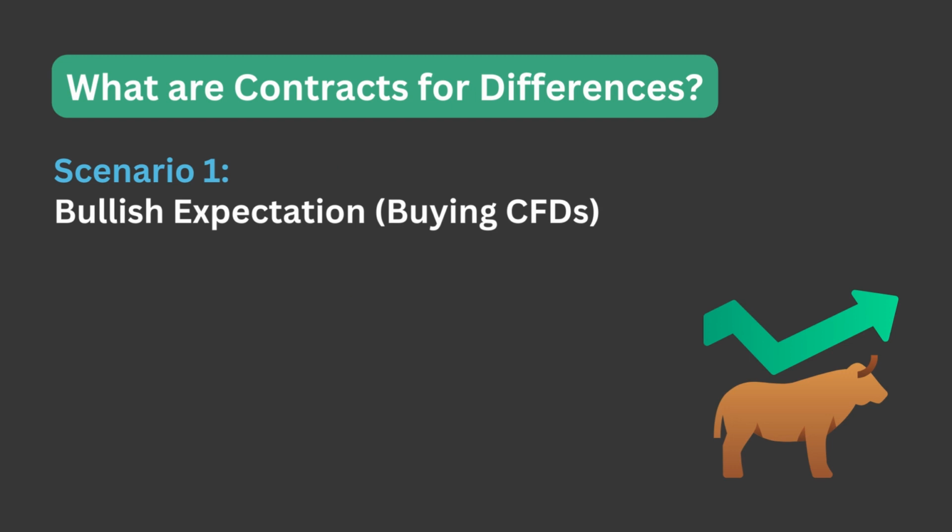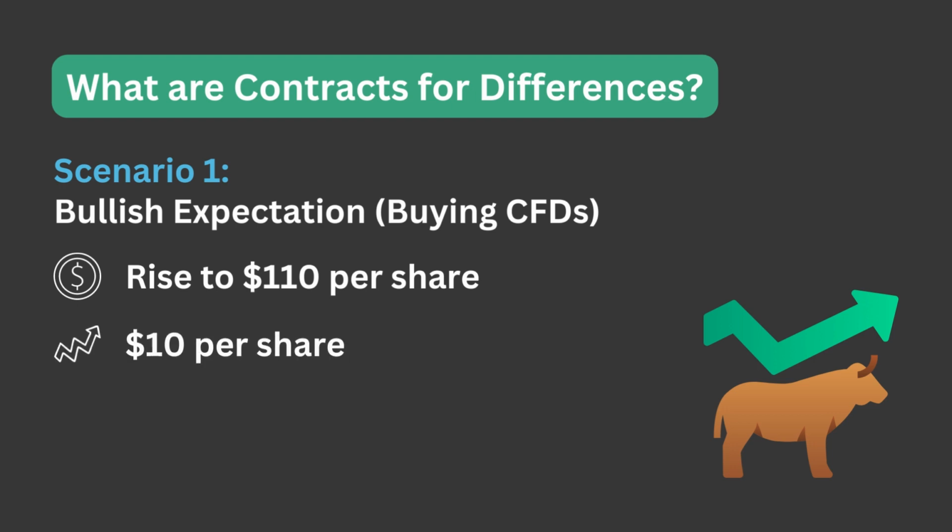Scenario 1, bullish expectation. You believe that the price of company XYZ will increase in the near future. Based on your analysis, you decide to go long on company XYZ CFDs. Suppose the price of company XYZ rises to $110 per share, reflecting a $10 increase. As a result, the CFD price would also increase by $10 per share.